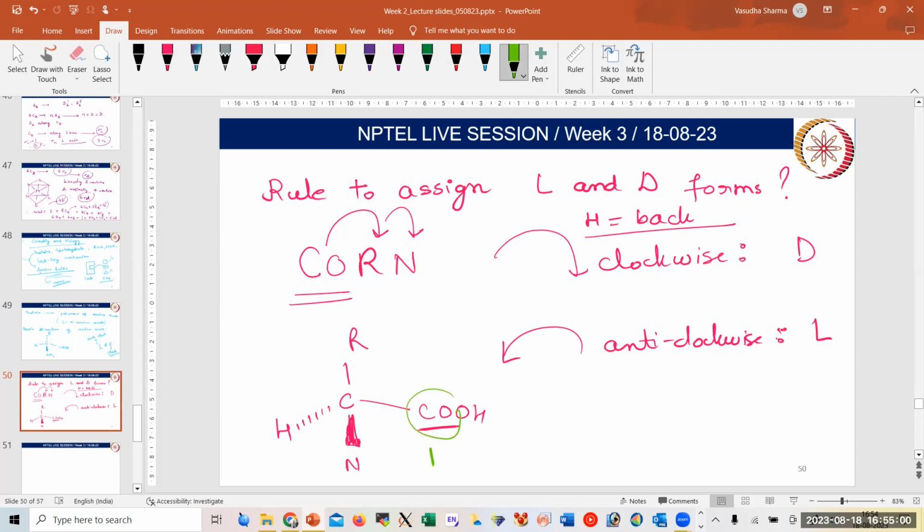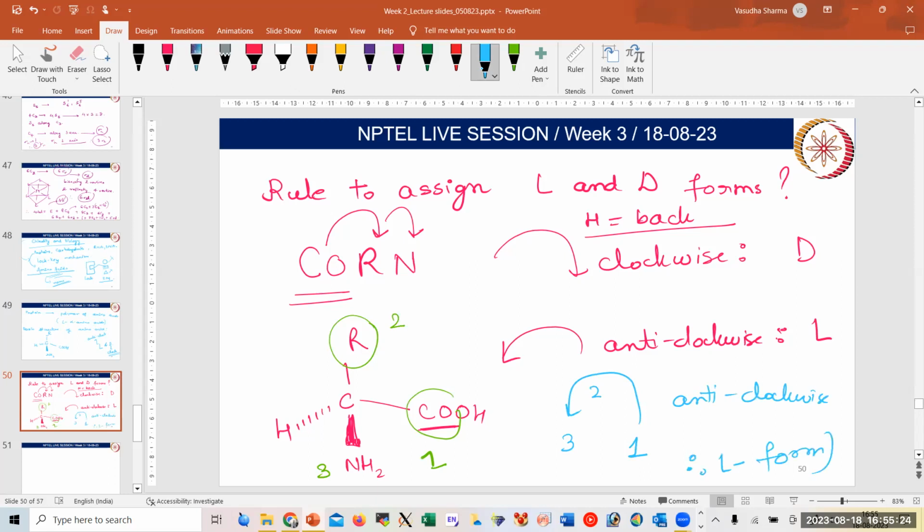This is named as 1. Then R is named as 2. Then NH2 is named as 3. Now, if you see the direction, that 1, 2, 3, it is going anti-clock. So therefore, this is an L form, L amino acid.